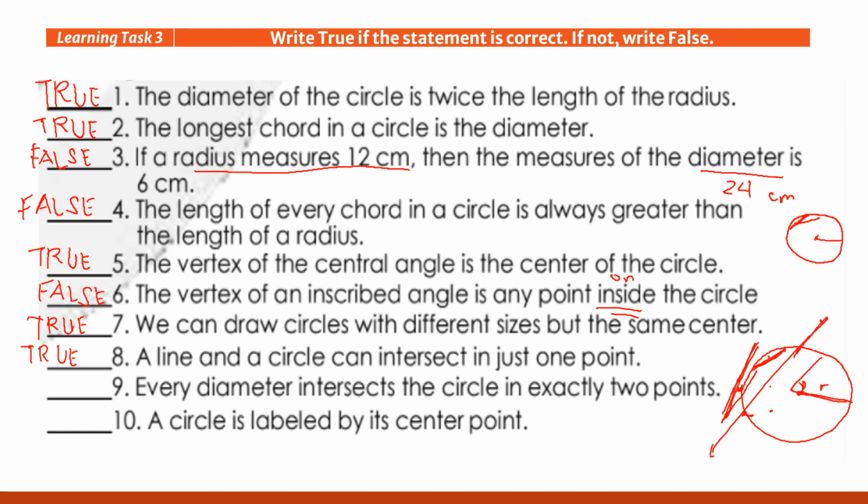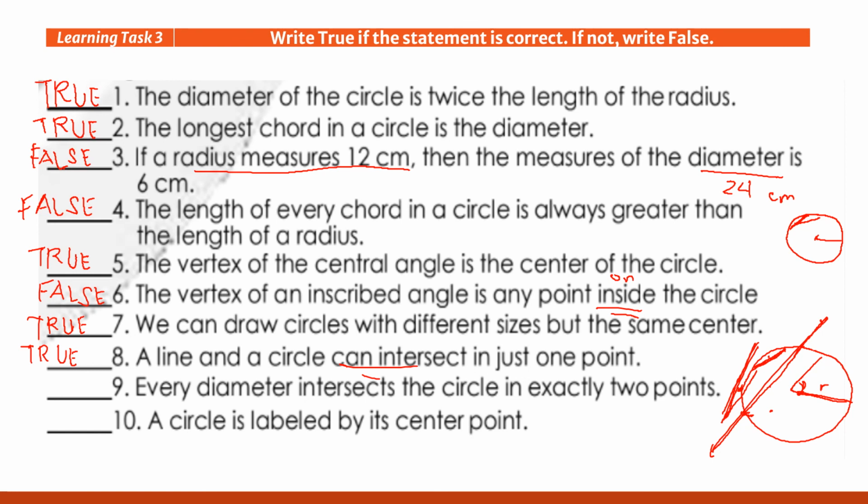Pero sabi nga natin, ito naman yung second line. Okay? Kaya, can intersect, can naman, can. So, syempre true pa rin. Okay? Kapag 2 points, tapos line ang ginamit, ang tawag doon secant line. Kapag 1 point, ang tawag doon tangent line.